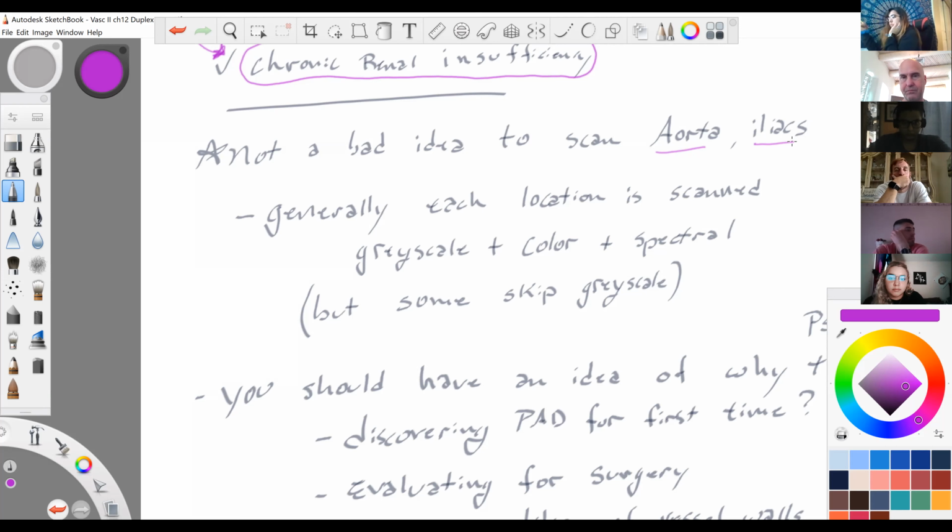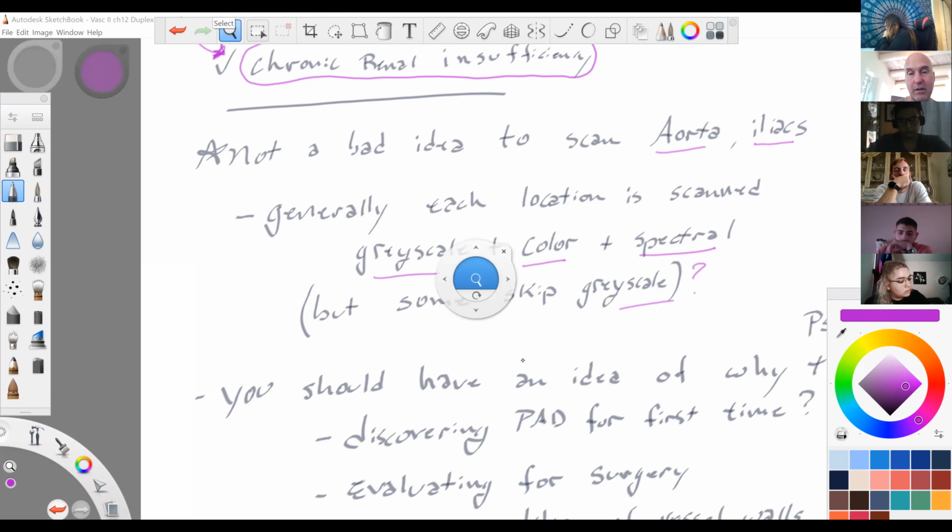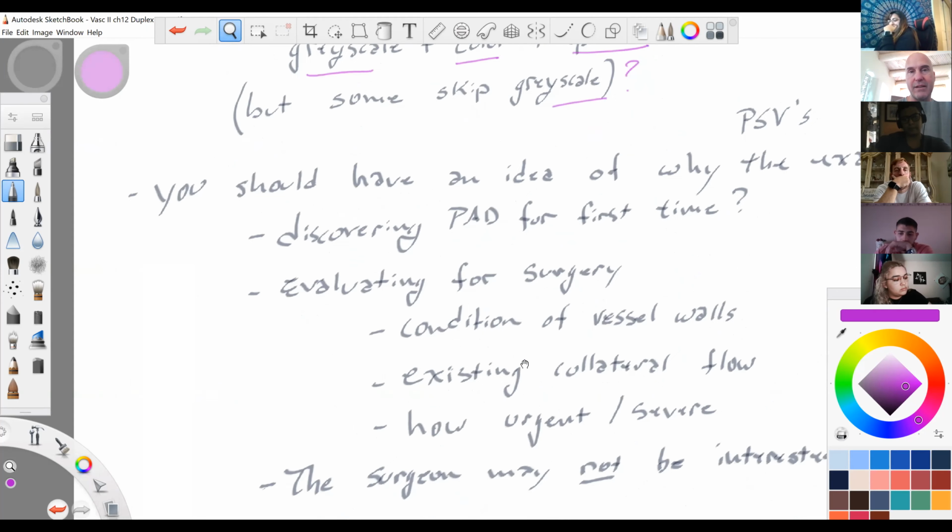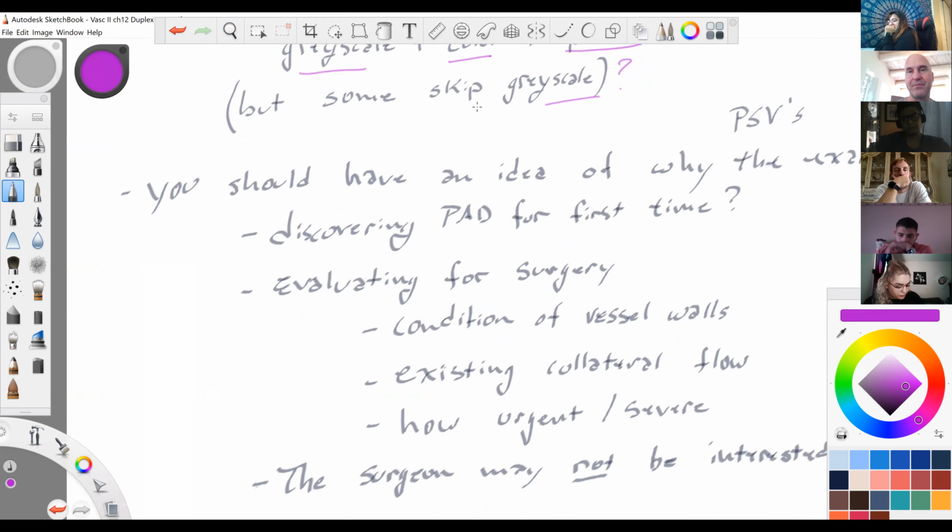So we can go over that again, but generally each location is scanned grayscale, color, and spectral. Some places might skip the grayscale. Generally not, but grayscale is definitely helpful. I mean, you see plaque, it's helpful, but some places they just go with the color and the spectral, and if everything's fine, they keep moving along.